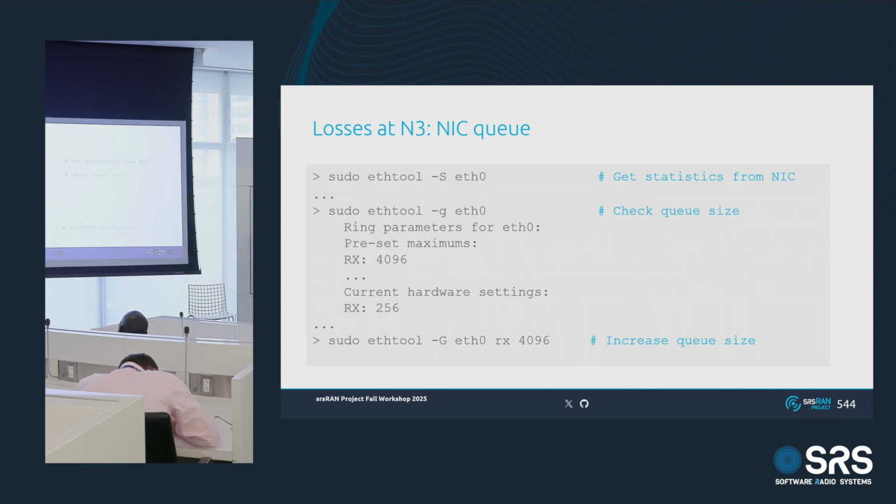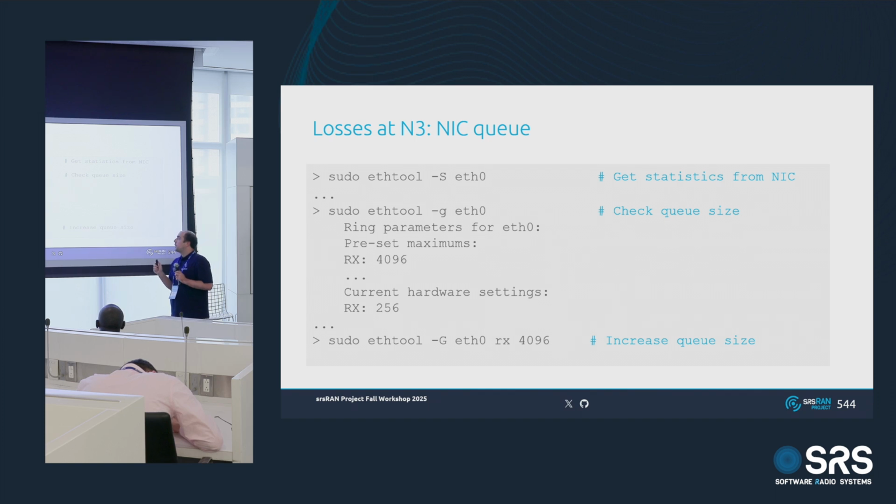Then losses at the entry. So losses at the reception of the gNB. Here, the most common culprit, at least in our experience, is the NIC queue. So the NICs have a queue inside them, which is not always defaulted to its maximum value.